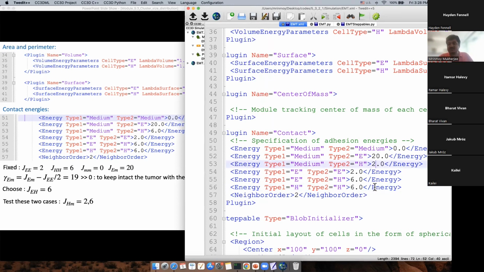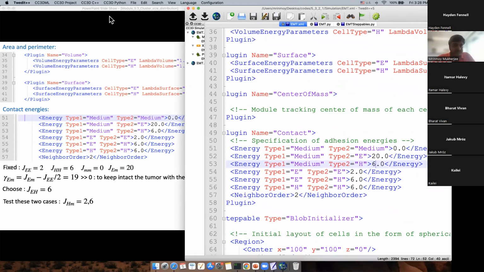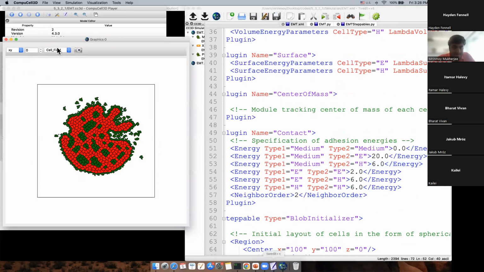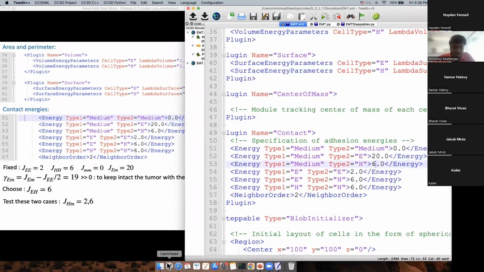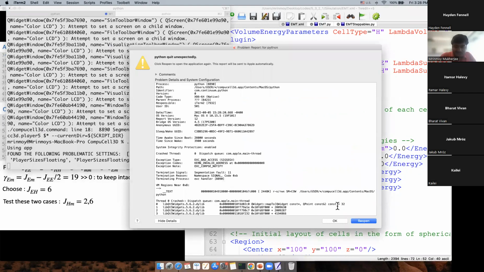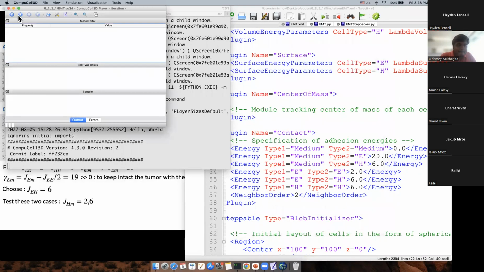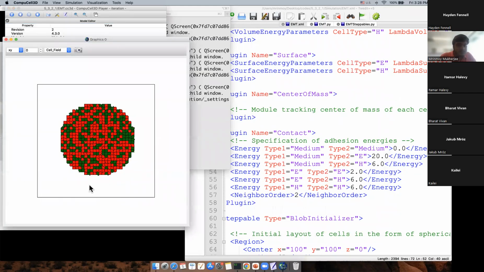But now change this medium and H cell contact energy to 6, say, and save it and run. Just the same thing, only change the medium-hybrid cell contact energy and run this.